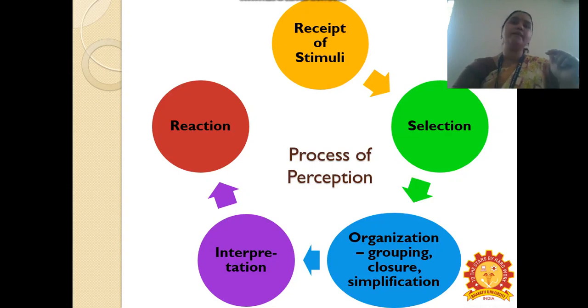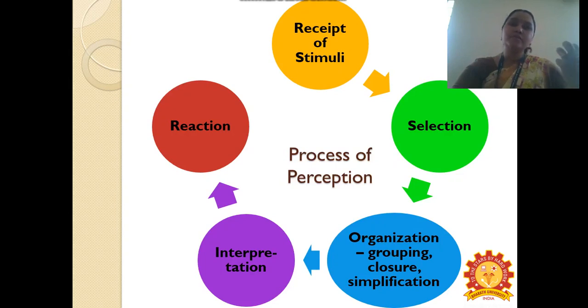Grouping is where the inputs, the different forms of stimuli, are grouped together into one category, and then the individual is able to select the stimuli. Inputs are grouped together based on their common characteristics. The second one is closure. What happens in closure?